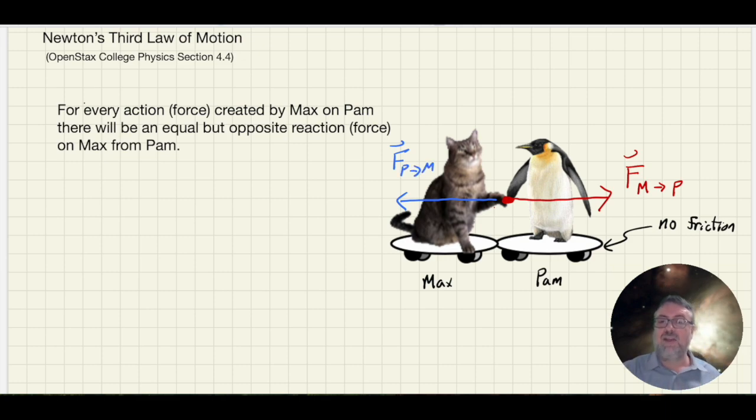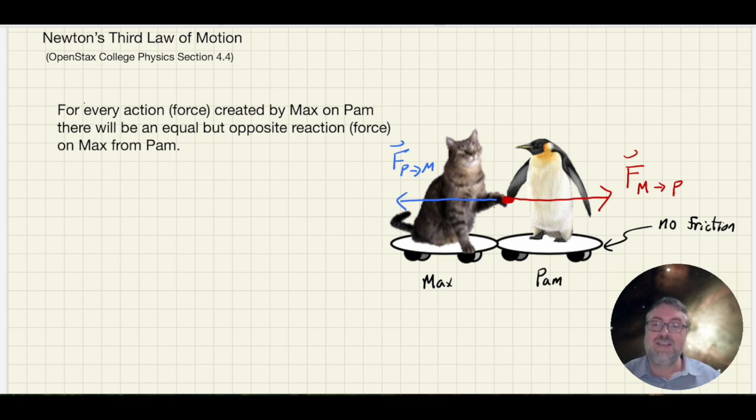Now, it doesn't matter who initiates the force. In this scenario, I'm considering that Pam is being passive and Max is the one pushing her. There will automatically be two forces. But notice they're applying to different objects. In this case, the red force here is the force applying to Pam. The blue force here is a force applying to Max.